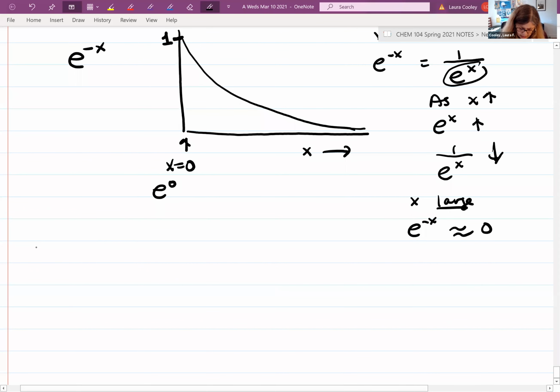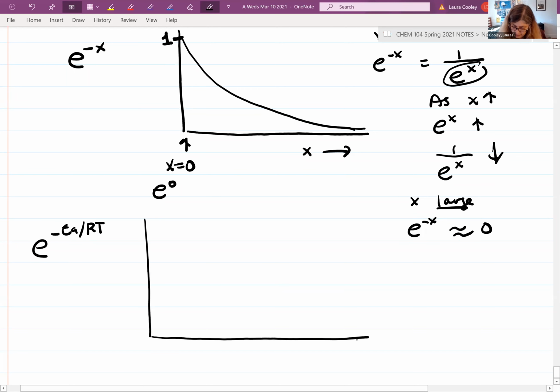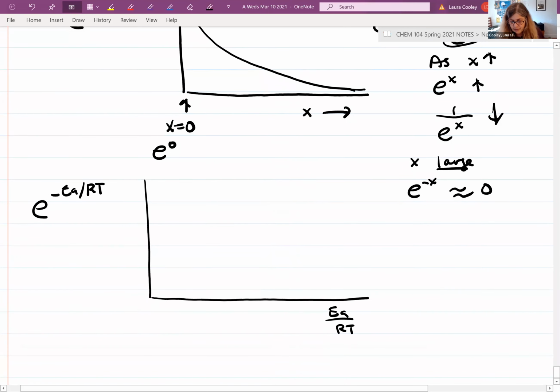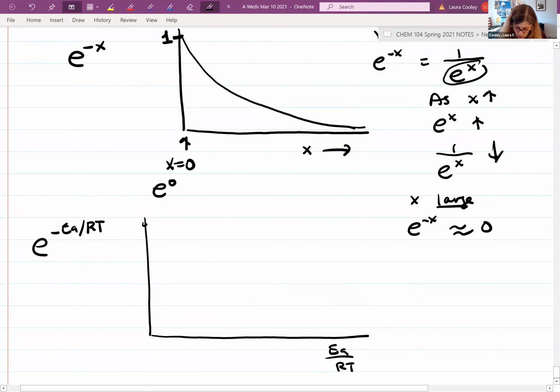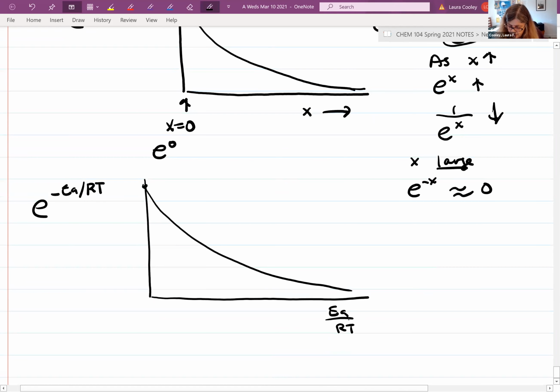So now let's think of e to the minus Ea over RT. We're going to plot that versus Ea over RT. So it's really going to have the same shape as the e to the minus x curve, except instead of this being just a single number, it's a composite.